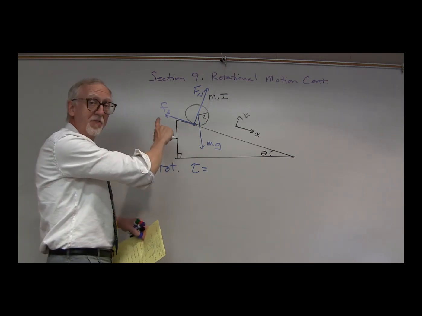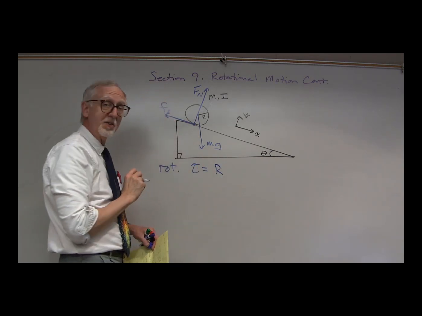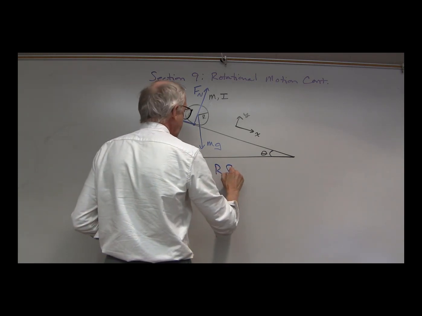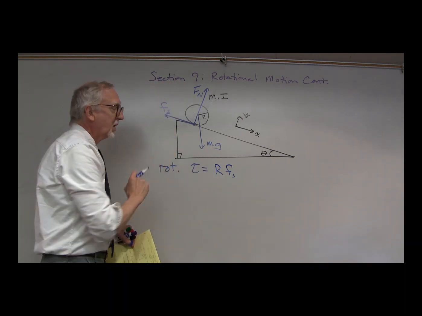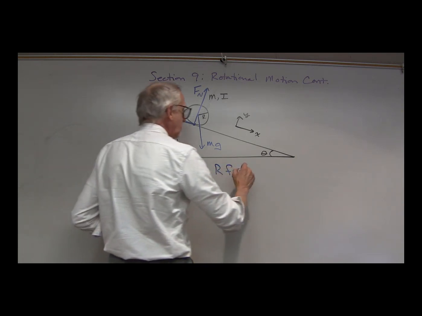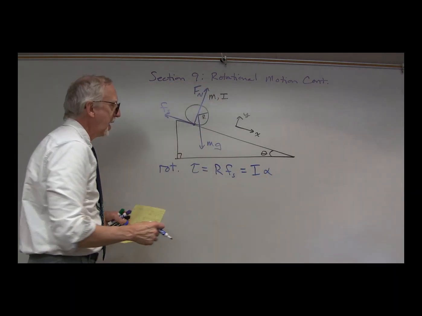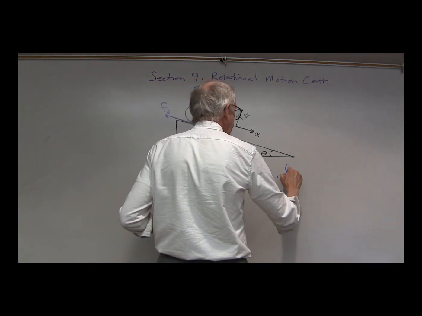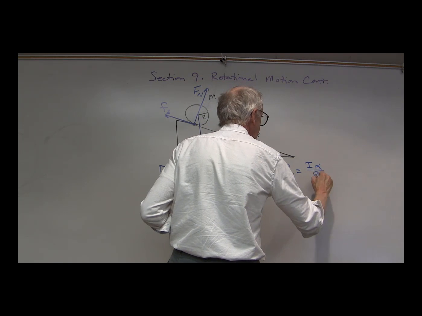So for the torque, we've got R, which is the radius of the wheel, times the force, which is the frictional force. That's the net torque acting on the wheel. We know that must be equal to I alpha, so this equals I alpha. And we can then say that the frictional force is equal to I alpha over R.